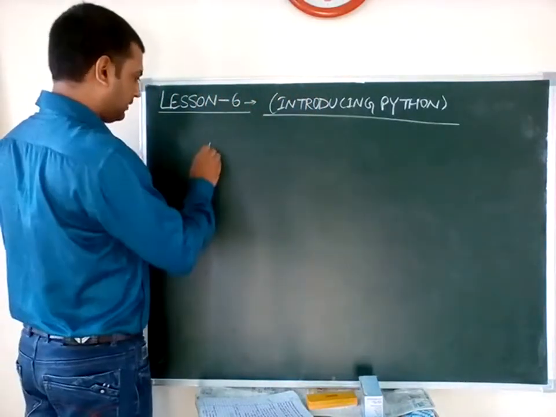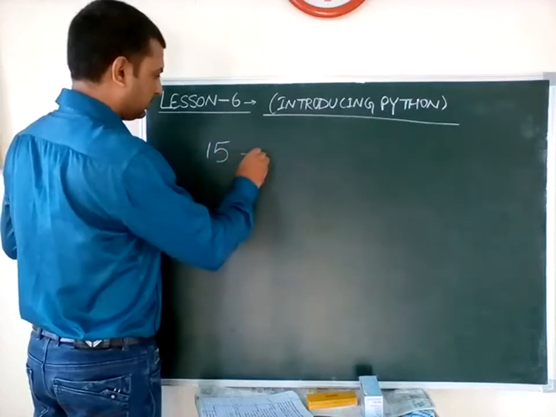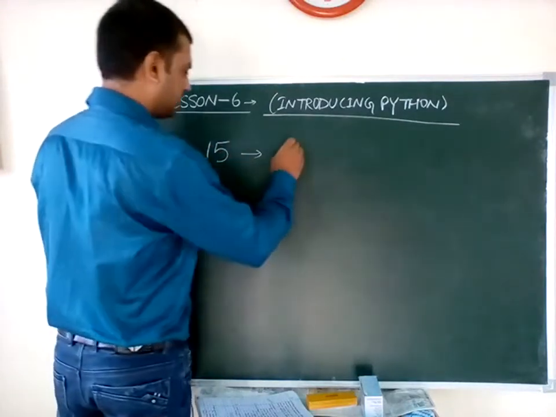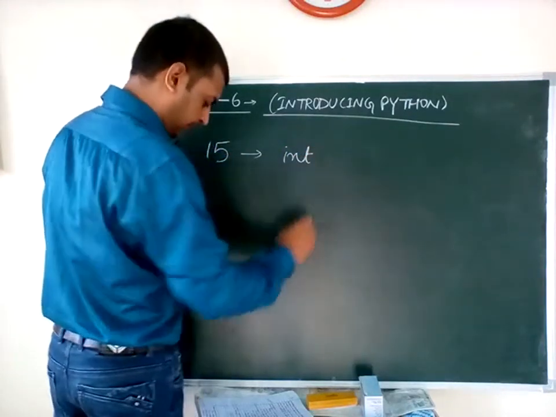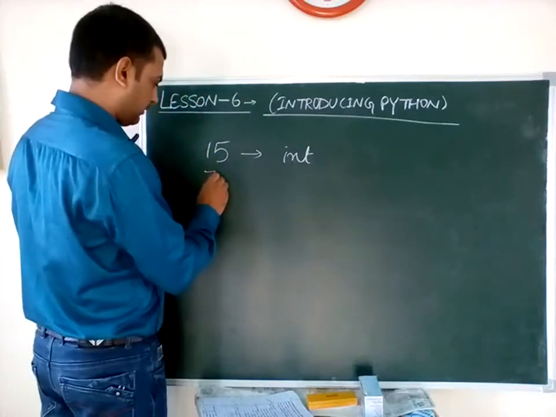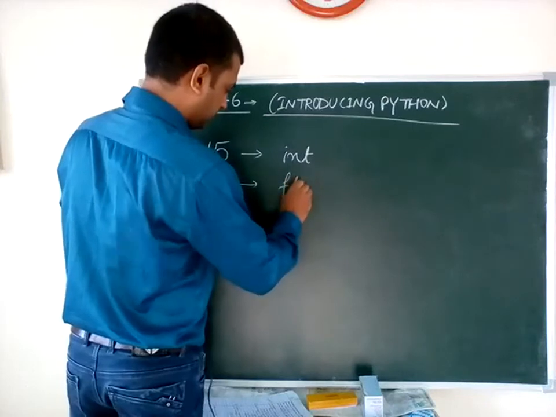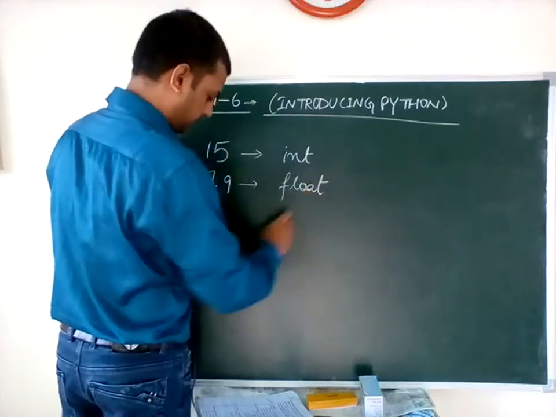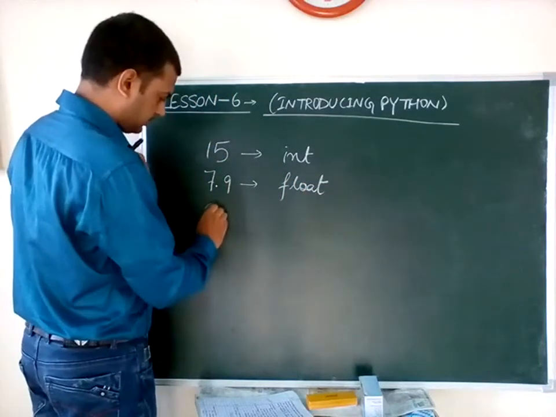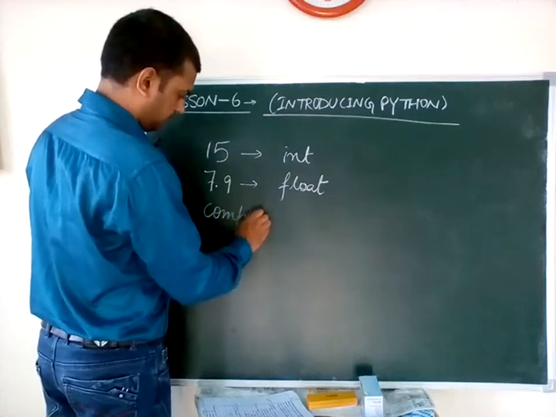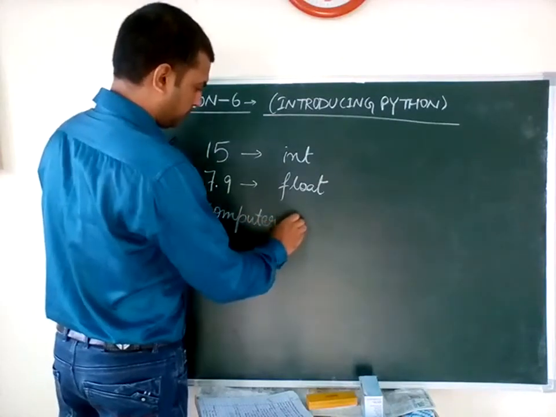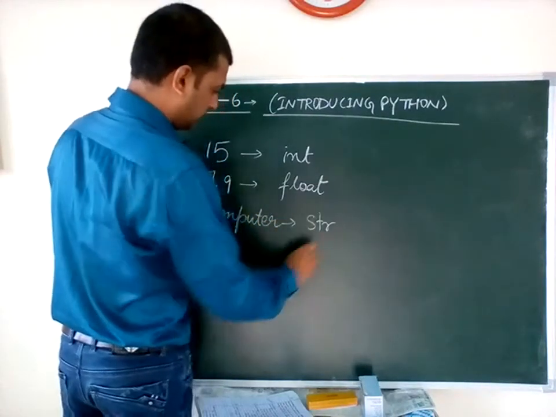For example, if it is 15, what type of data type is it? This is integer. And if 7.9, then it is float. Then third is computer, this is string.